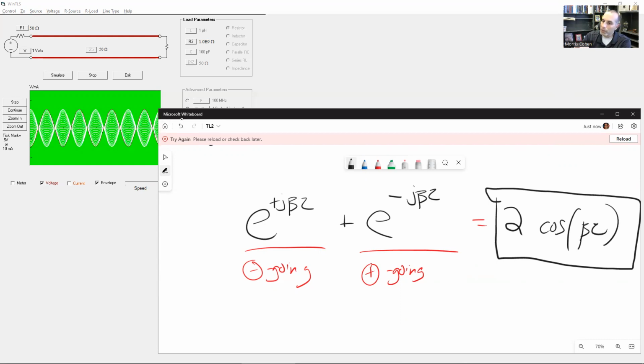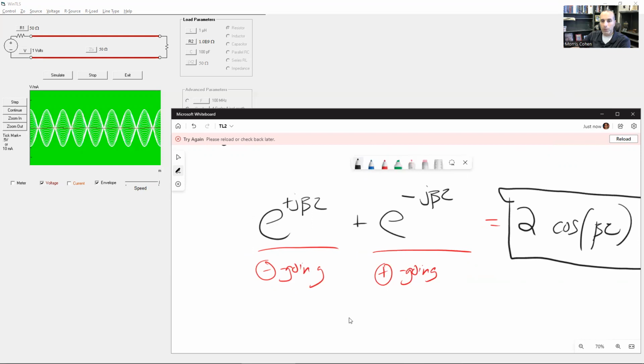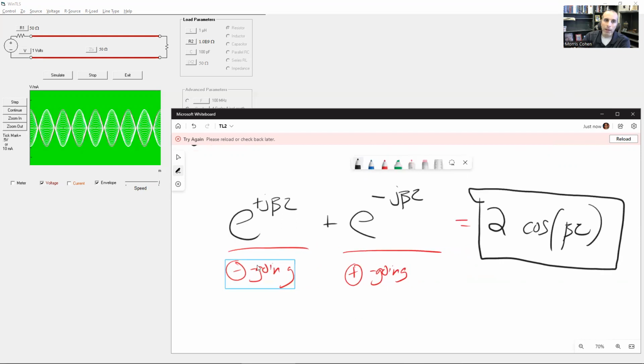Now, this value always has the same phase. It's either 0 degrees or 180 degrees, depending on whether its cosine is positive or negative. But the amplitude is what's changing. And that seems to perfectly reflect what we're seeing here: everywhere you go along the transmission line, everything is oscillating with the same phase.